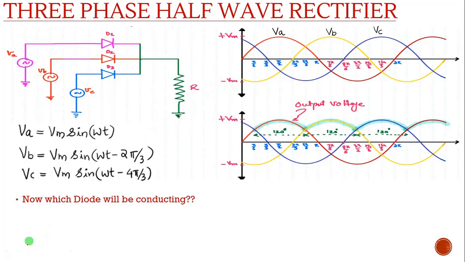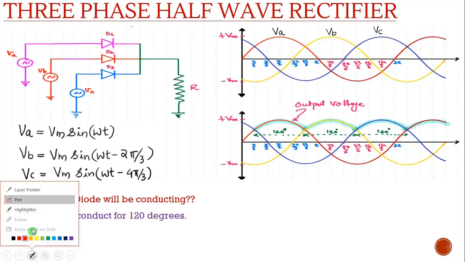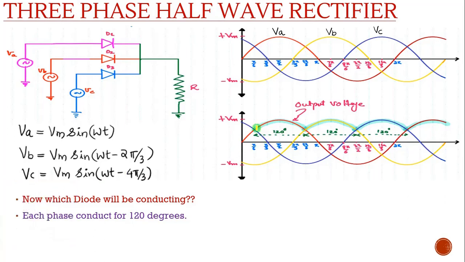So here the output voltage will be like this. I will show here. From here to here, phase A is having maximum voltage, so it will be conducting, meaning diode D1 will be on.